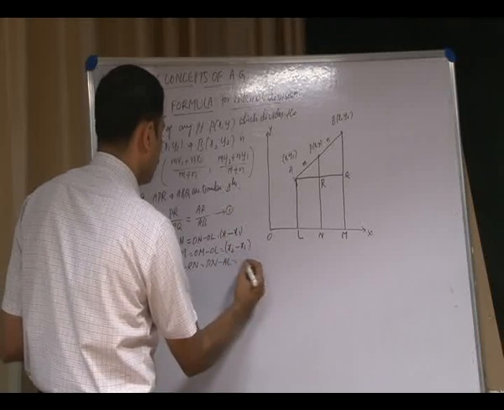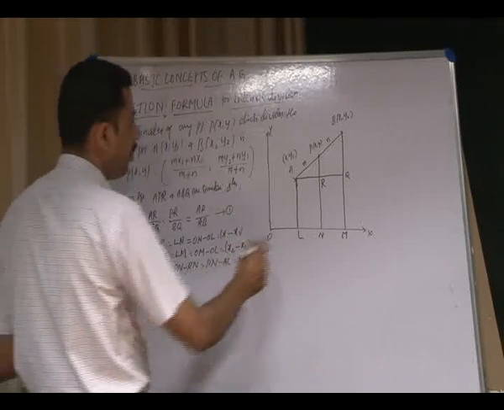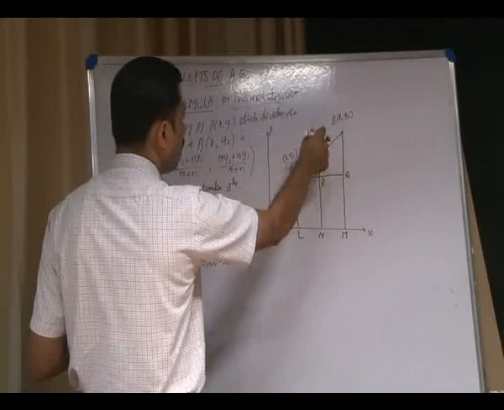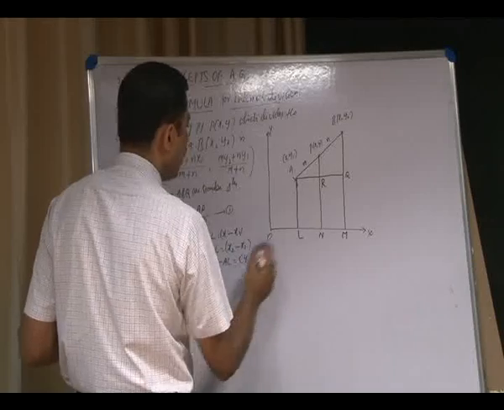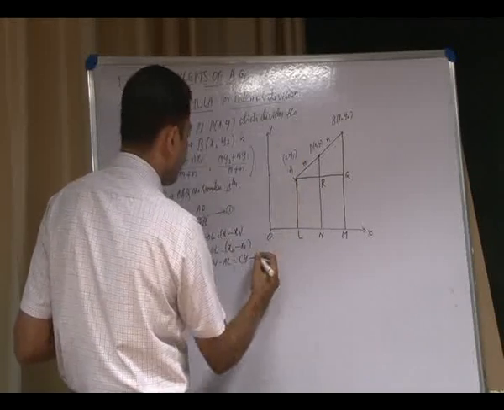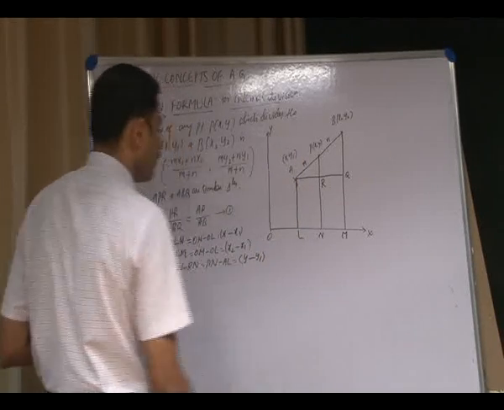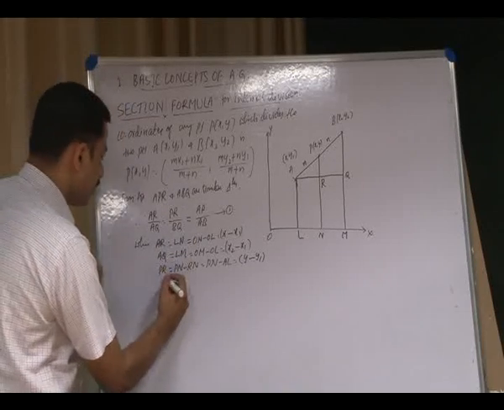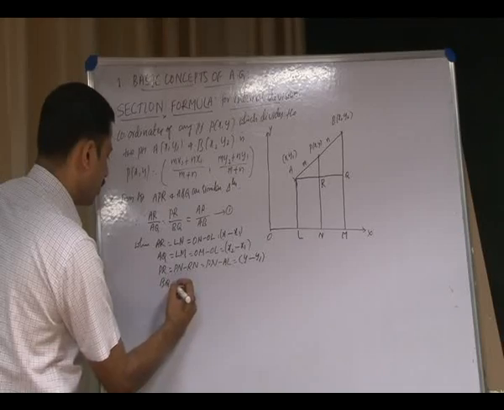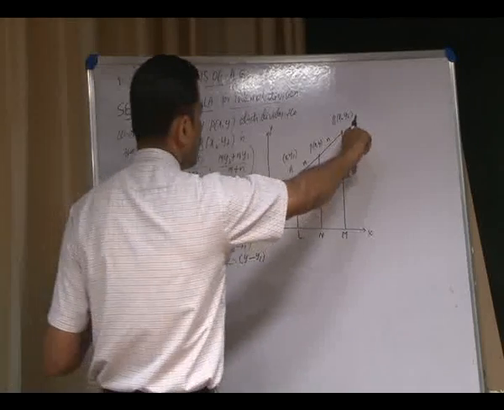So PN represents the y coordinate of point P, that is y, minus AL, which is the y coordinate of point A, taken as y1. So PR is y minus y1.